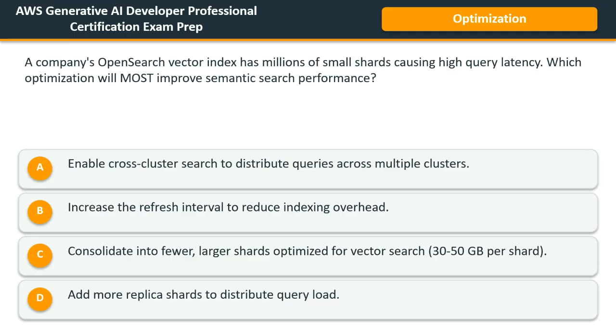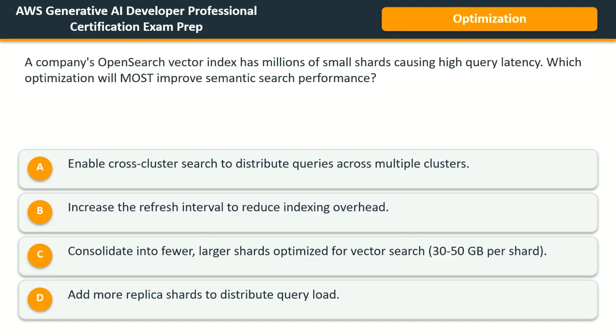Best practice for OpenSearch vector workloads is fewer, larger shards, typically in the 30 to 50 gigabyte range. That reduces coordination overhead, improves cache locality, and makes HNSW graph traversal much more efficient. That is why C is the correct answer.